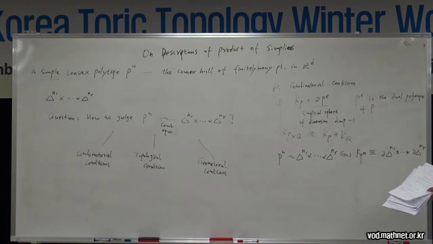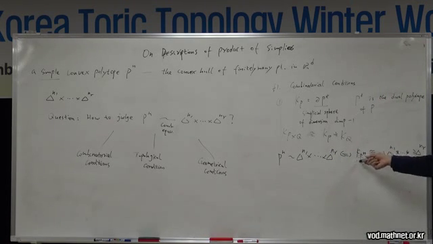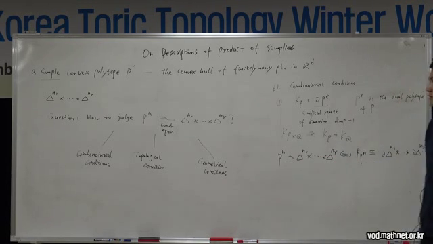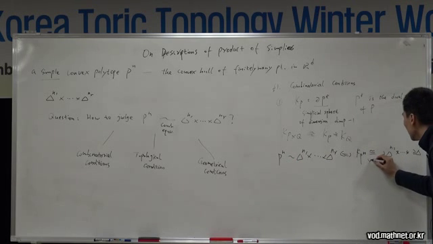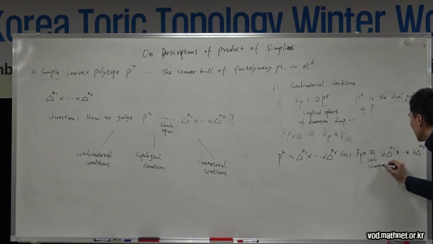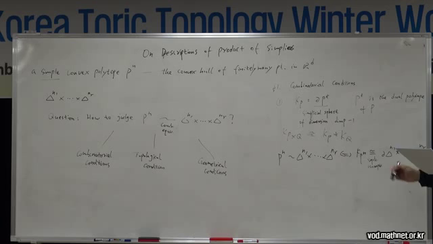So if K_(P^n) is simplicially isomorphic to the join of this kind of boundary of simplicial spheres, then P^n is equivalent to a product of simplices. Okay, but of course this is obvious and quite trivial.